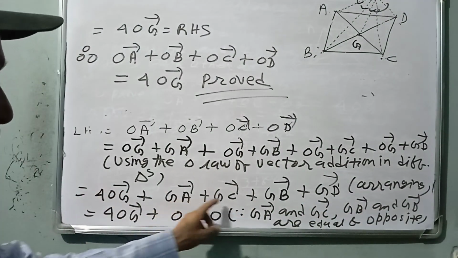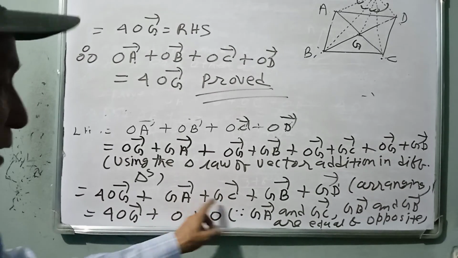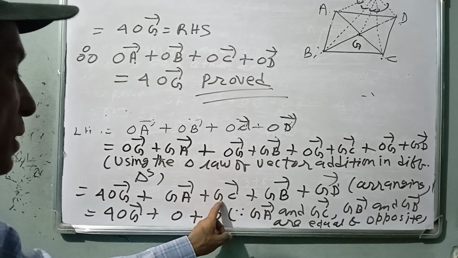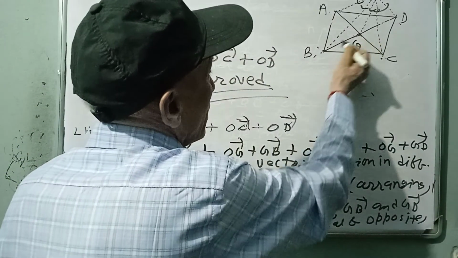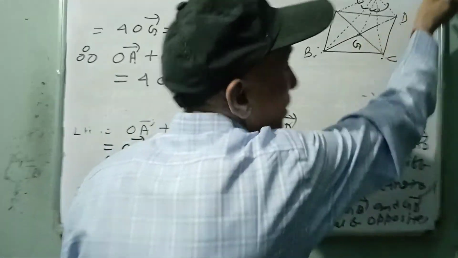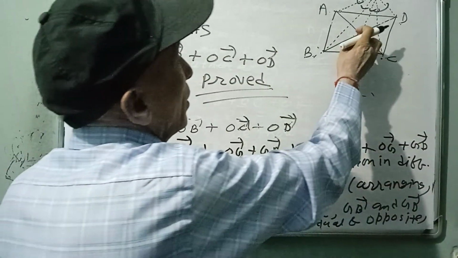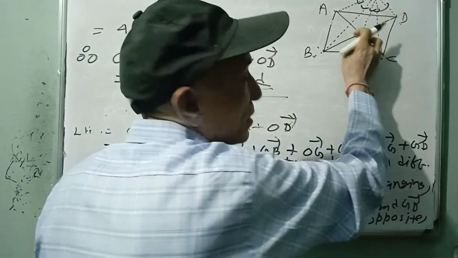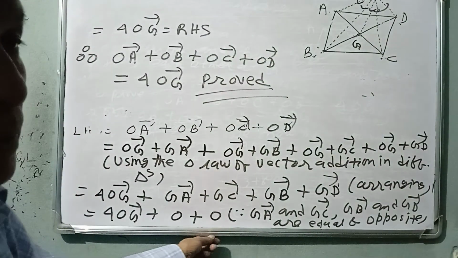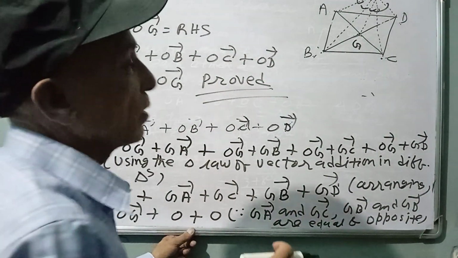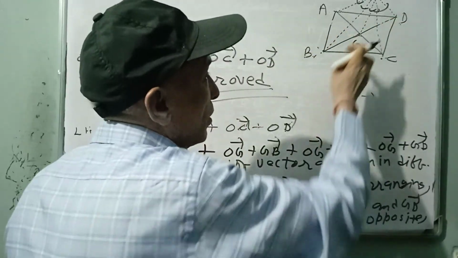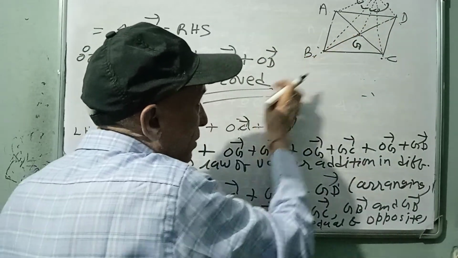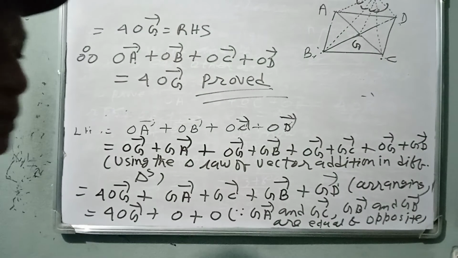4OG, GA plus GC equals 0 because they are equal in magnitude and opposite in direction. GB and GD: GB this direction, GD that direction. GB and DG are equal, but GB is in this direction and GD in the opposite direction.